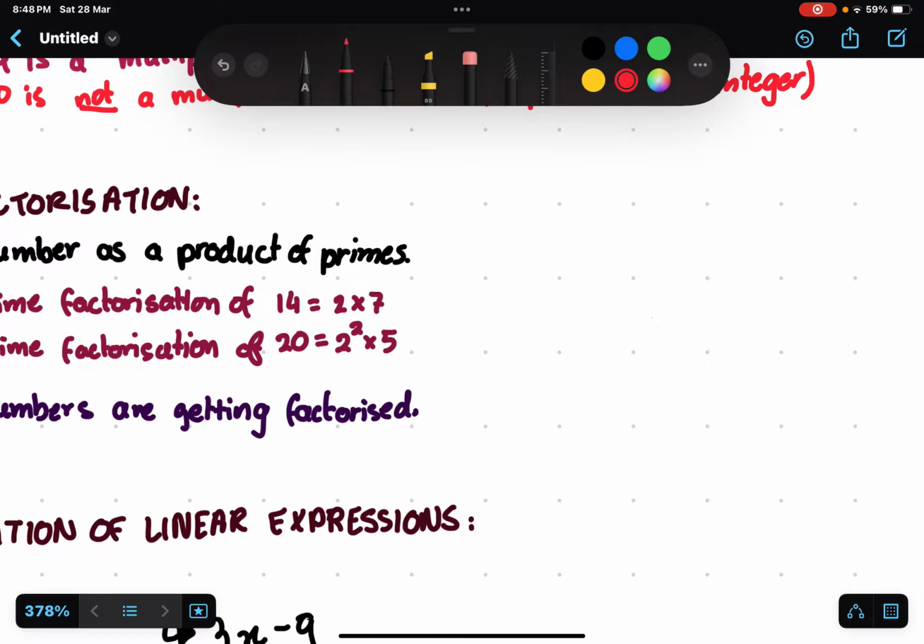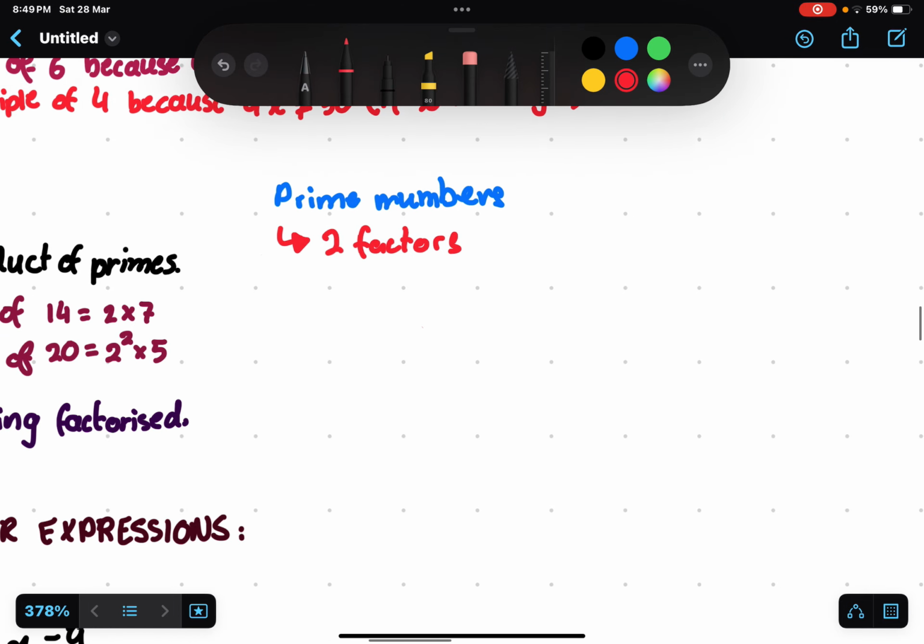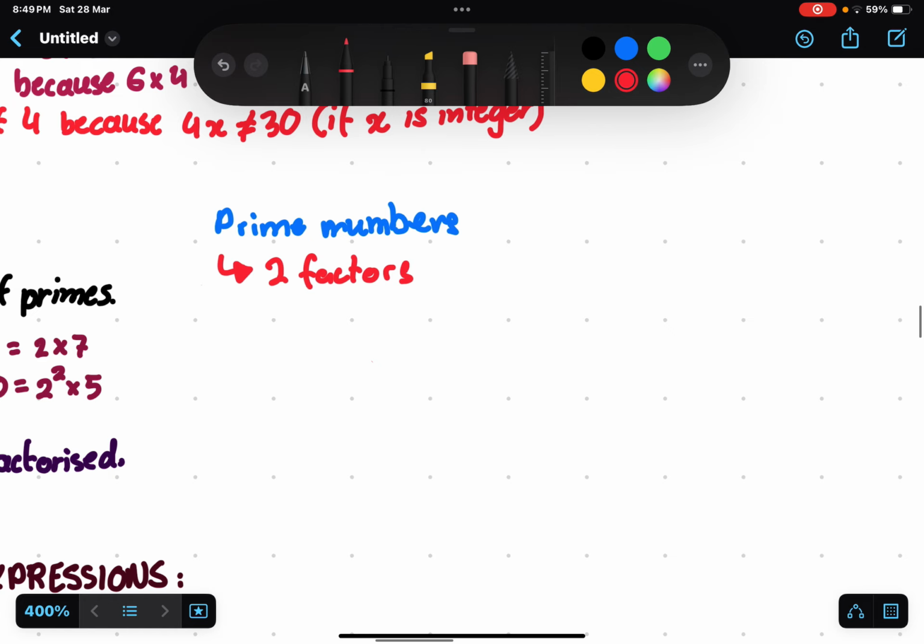Now, as a refresher, I'll tell you what prime numbers are. Let me write prime numbers. A prime number only has two factors. If you remember what factors are, they're numbers that divide another.